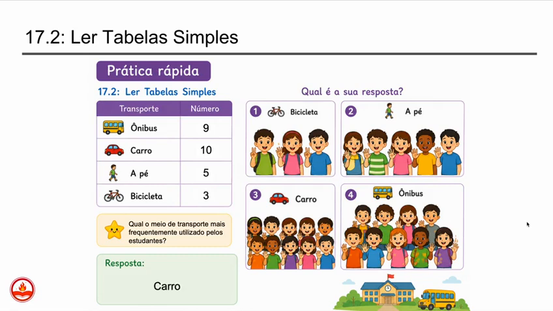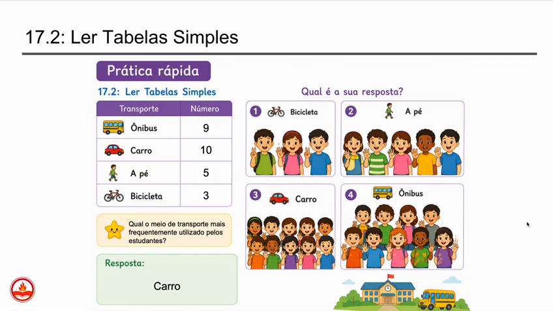Now let's check the answer. 9 students by bus, 10 students by car, 5 students by foot, 3 students by bicycle.